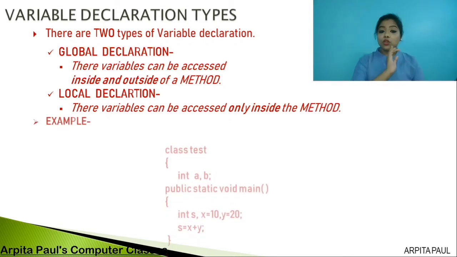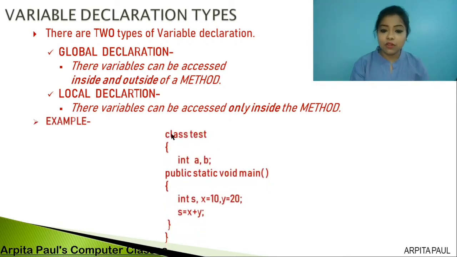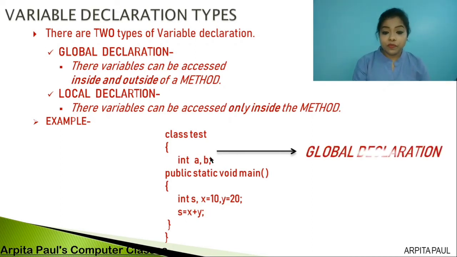Okay, let me show you with one example. See here, I have created one class and within the class I have declared two variables a and b. And within the main method, I have declared three variables s, x and y, and then written s equals x plus y. So this a and b, these two are global declaration.